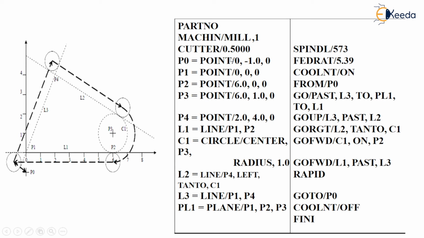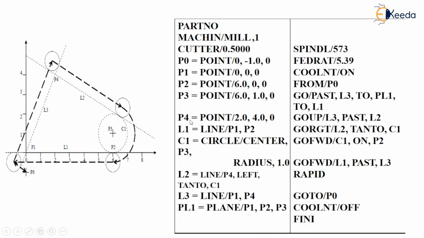So P0 is 0, minus 1, 0, that is mentioned in the already stated example. Then P1 will be point slash 0, 0. P2 will be the next point, that is 6, 0, 0. P3 will be the center, and its radius we consider 6, 1, 0.